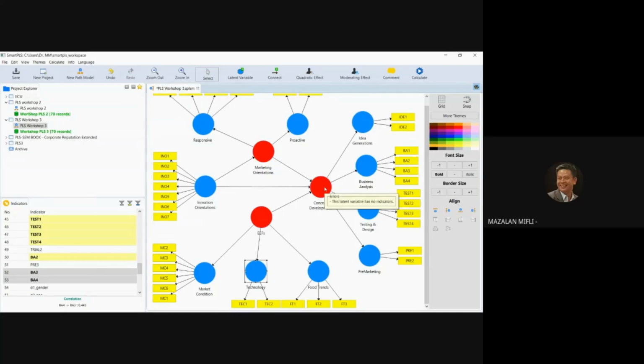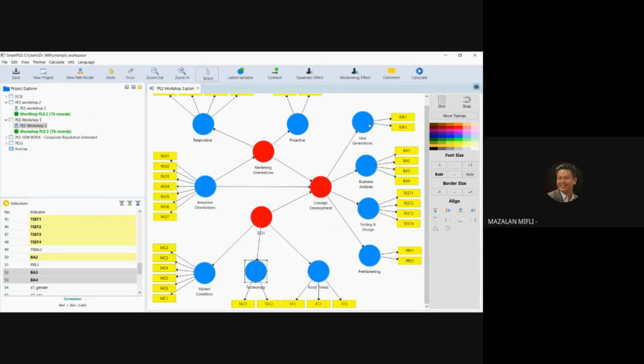Okay, you can use repeated manifest variables where all those indicators, okay, this actually represents the concept development, but it's just that in theory they are broken down into several components because these are the stages of concept development.